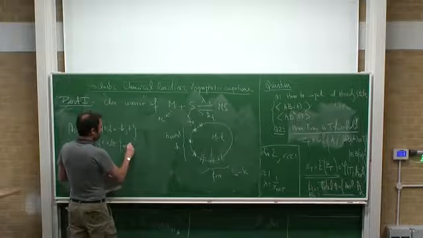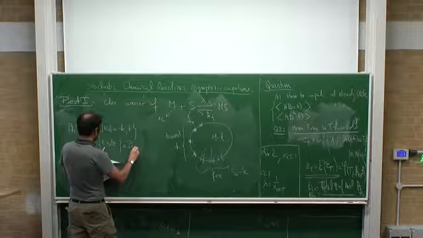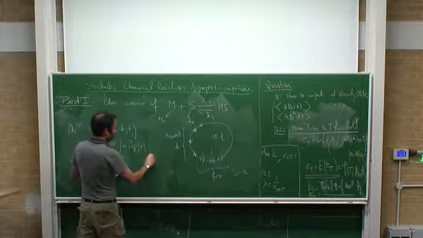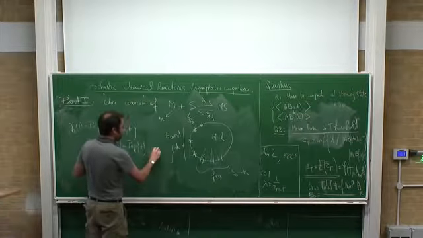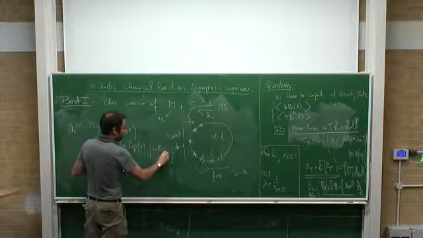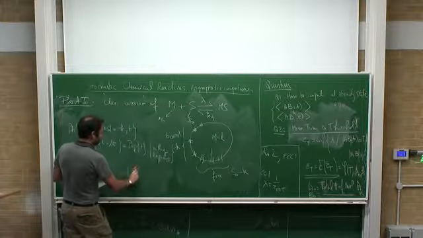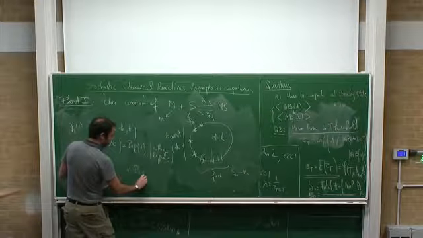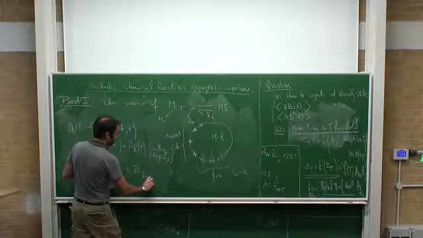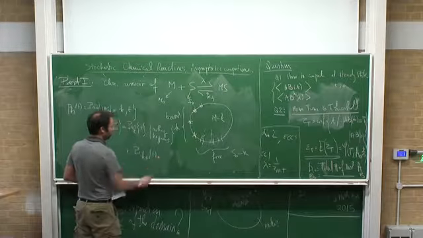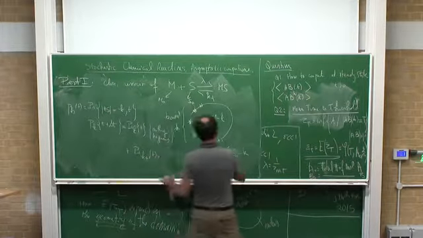So this is the probability that we started with exactly k at time t multiplied by the transition probability when nothing happened. Or this is the probability that we started with exactly k plus 1 molecules at time t. So let's write what the transition is when we have k plus 1.